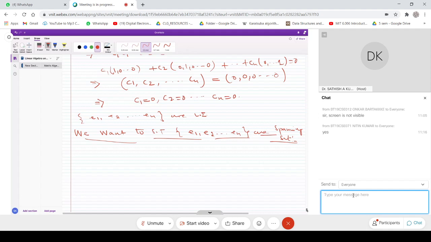What is V here? V is nothing but Rn. So let us take a vector A1, A2, ..., An, a set of n-tuples, which is in V. Because I want to show it is a basis, I should show that this can be expressed as a linear combination of these vectors. Now A1, A2, A3.